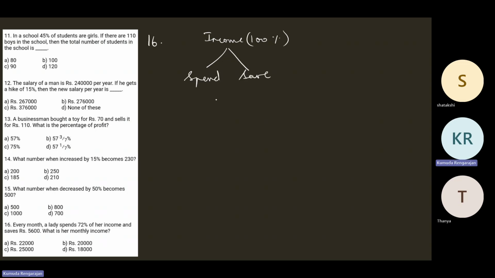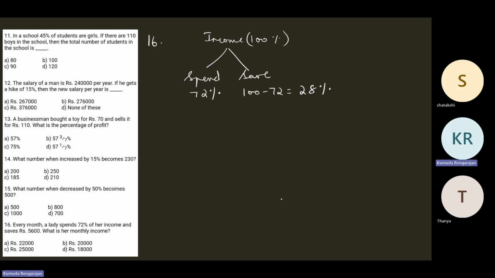And how much she spends? 72%. So she saves 100 minus 72, 28%. I told you when you know the percentage and the value, you can construct an equation. If you know a percentage and the corresponding value, then you can construct an equation.